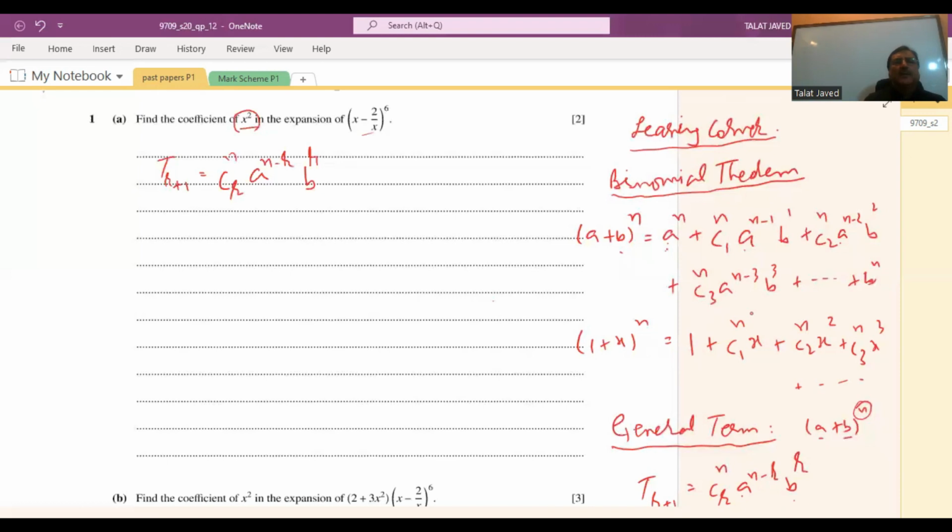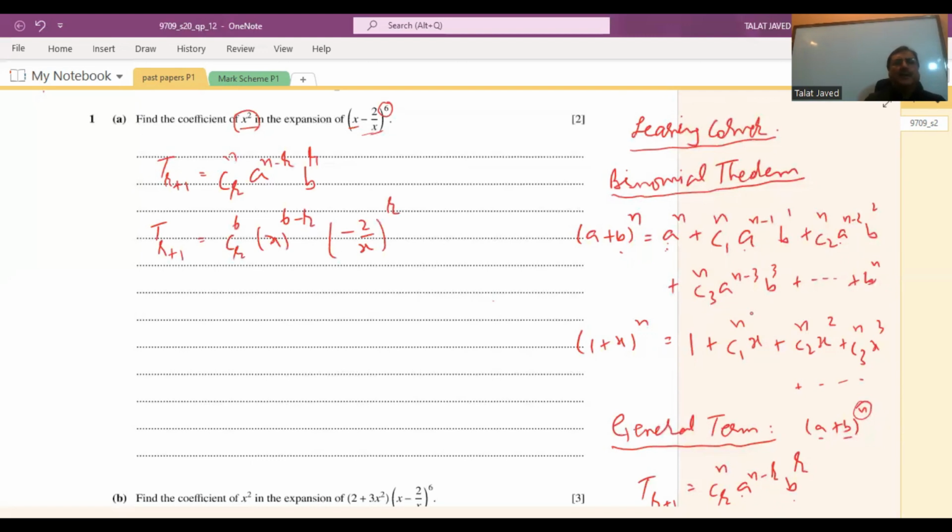This is a, this is b, so we replace these values in the formula. T(r+1), n is 6, so this will be 6Cr. a is x, so x raised to power 6 minus r, and b is minus 2 over x, raised to power r.